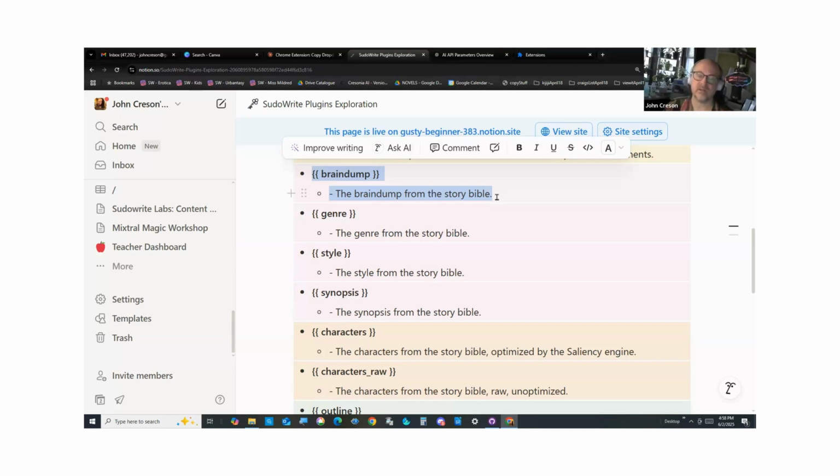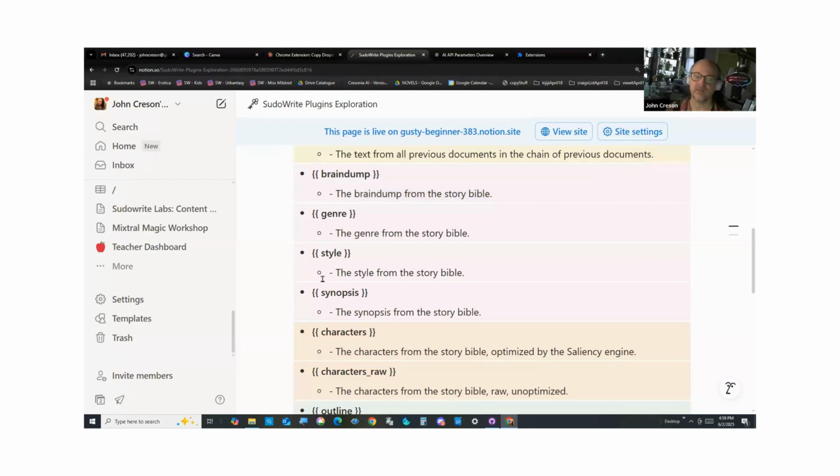And it was the kind of thing that you didn't really need after you had a synopsis. So the brain dump was available to be used as sort of an instruction set holder, or just a place to go get information that would not go away easily. But we all know what these are, and that's what is important for you as a plugin writer: the brain dump, the genre, the style, the synopsis, we know what those are.